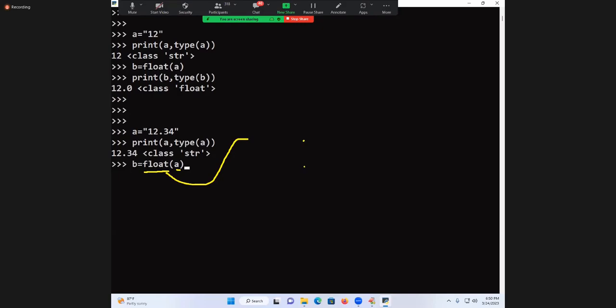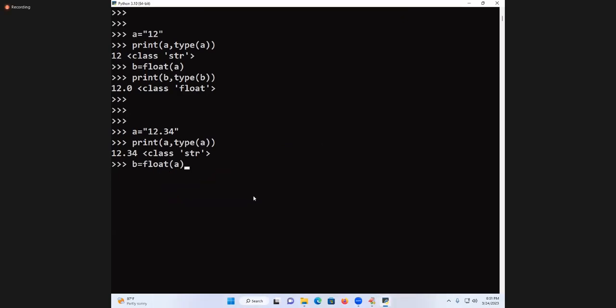It will look into the left side, some numeric data required, and on the right some numeric data is there. That can be easily converted into which type? Float type. Understand? You see, this is happily converted. B is what? 12.34.